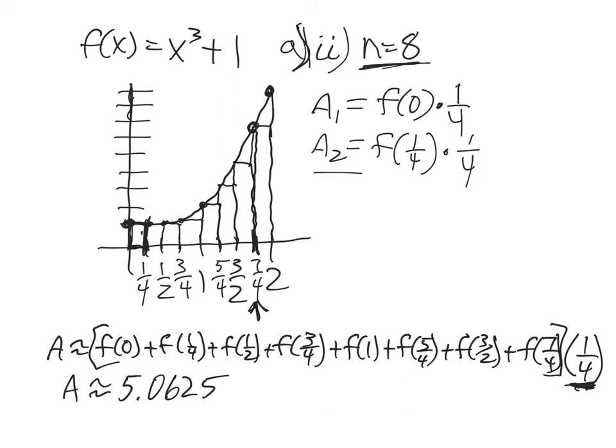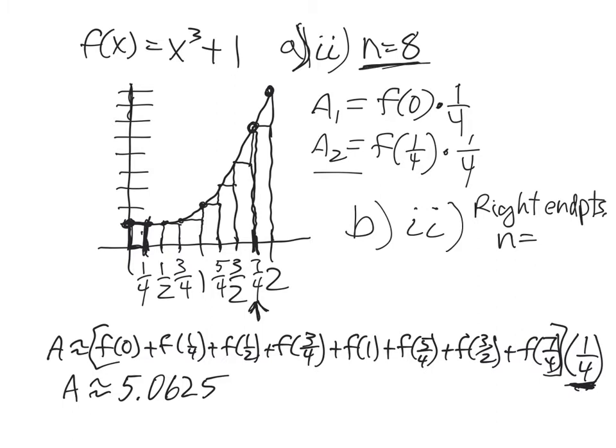Now, let's jump over to part B, and we'll skip part 1 of B and jump to part 2. Looking at it, I think we can draw the right endpoints. Right endpoints are a little bit easier to deal with for the most part.